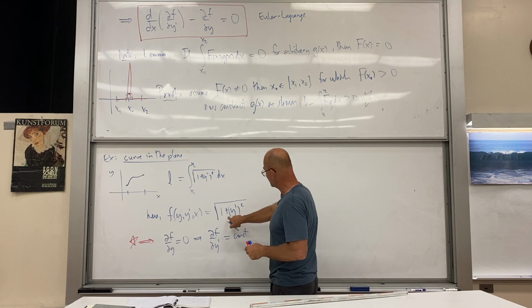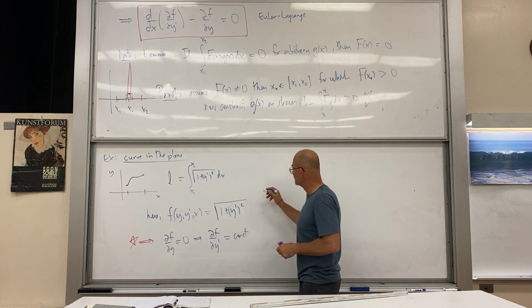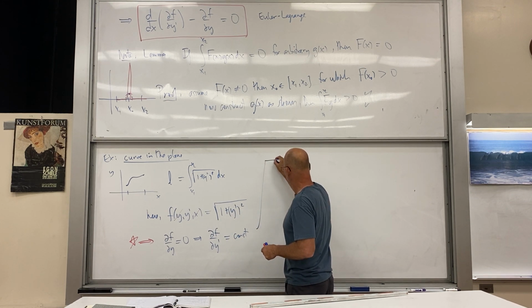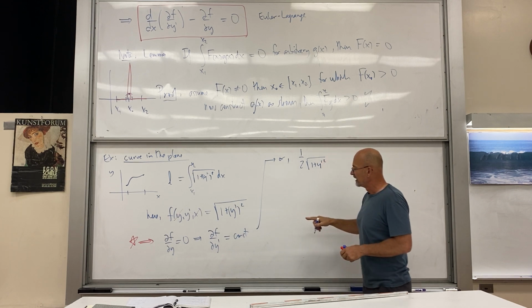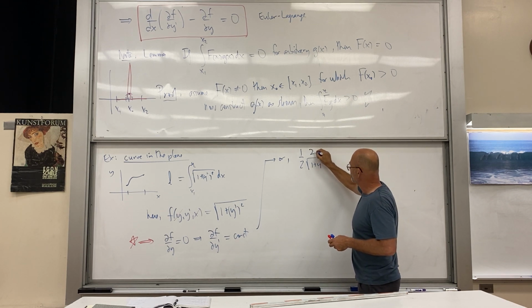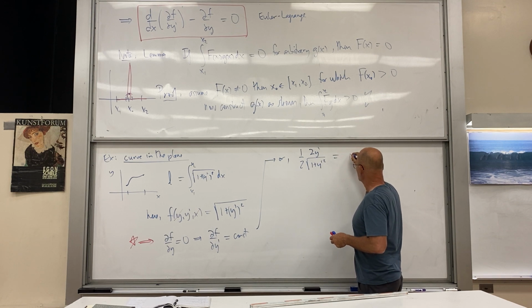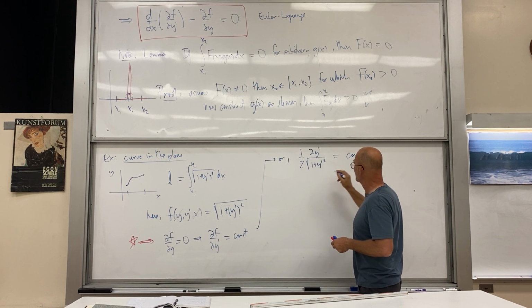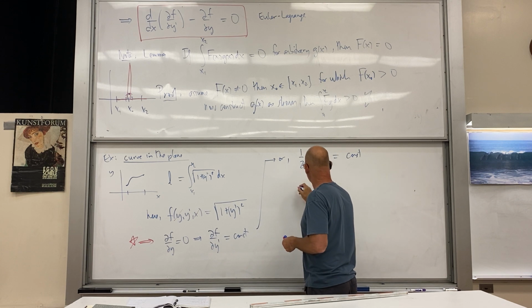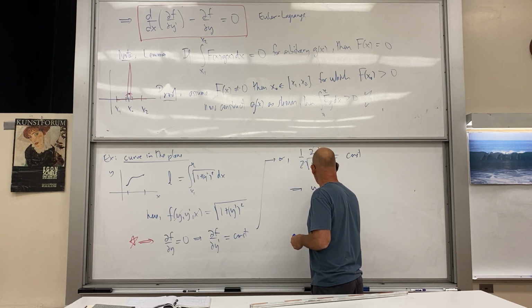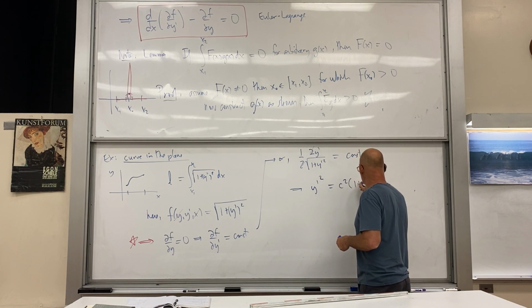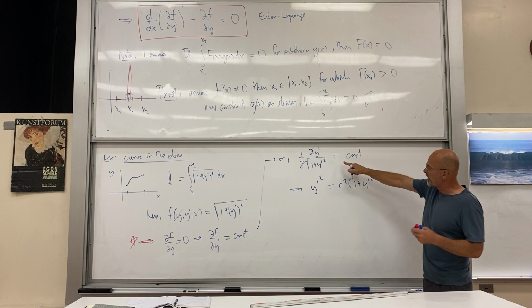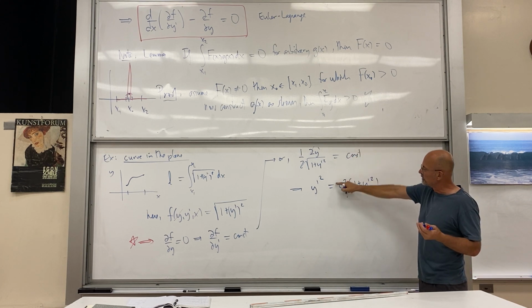So let's go have a look. If we differentiate that with respect to y prime, we have 1/2 root 1 plus y prime squared, and then inner derivative chain rule 2y prime equals constant. I can cancel these. I can get an expression like y prime squared is equal to c squared times 1 plus y prime squared. Now I'm just going to solve for y prime. That's all I'm doing between these steps.